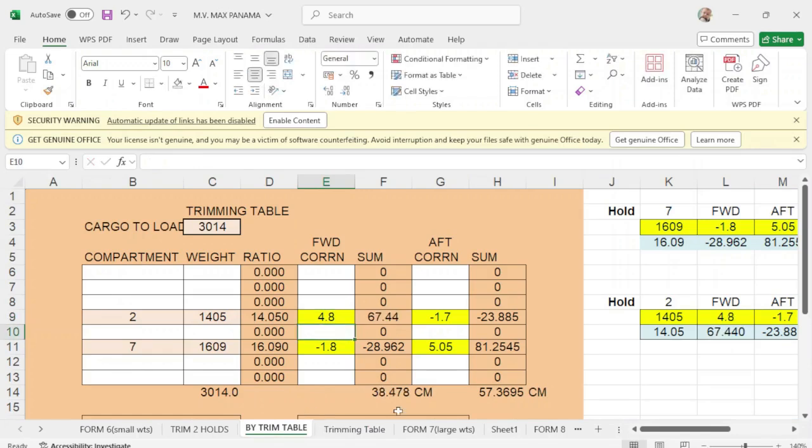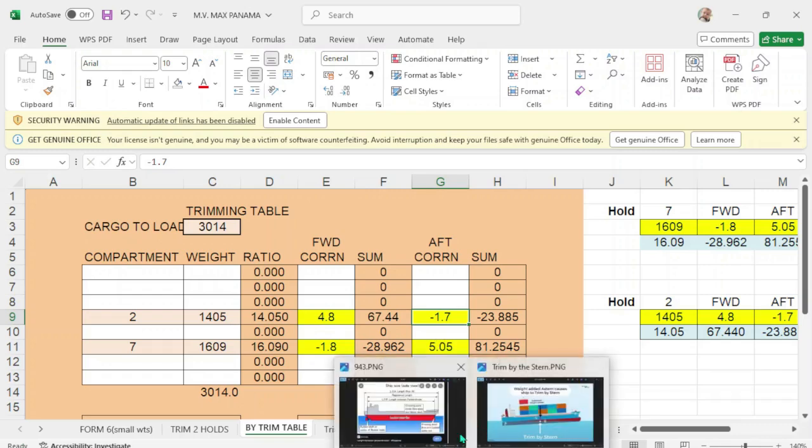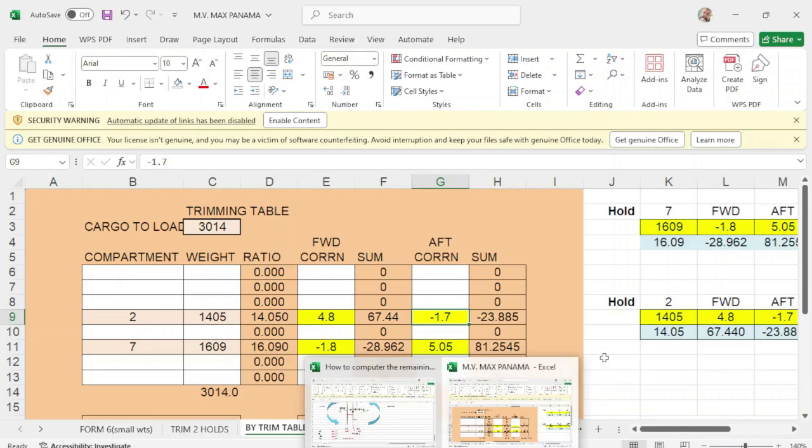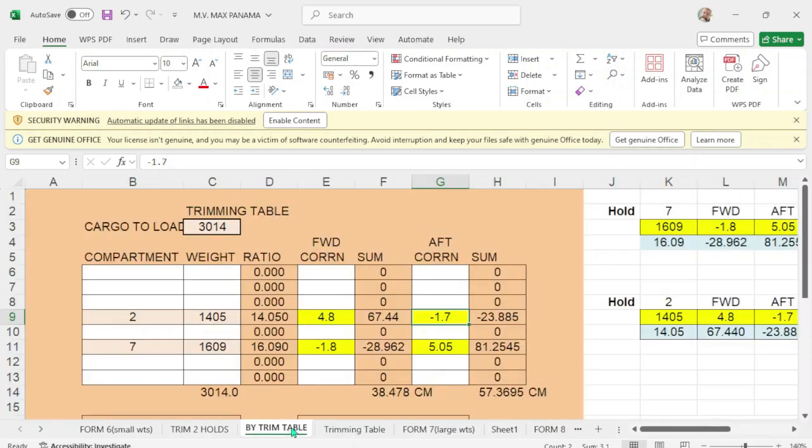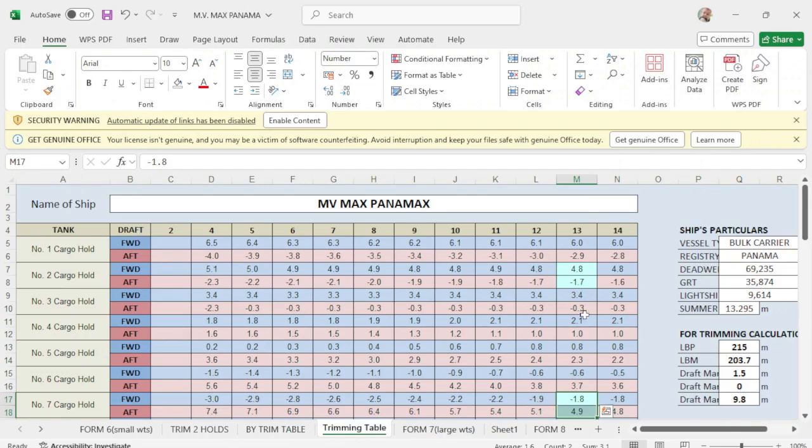Put here 4.8, and aft correction is how much? Aft correction is negative 1.7. Okay, negative 1.7. So now number 7. In number 7, forward correction is how much? Number 7, 13. Forward correction is negative 1.8. Put this a little bigger.